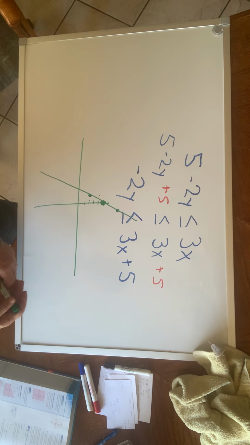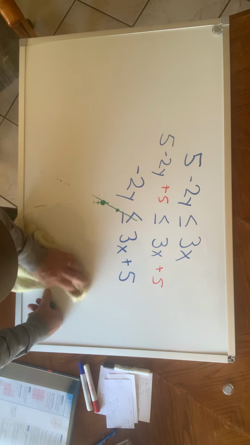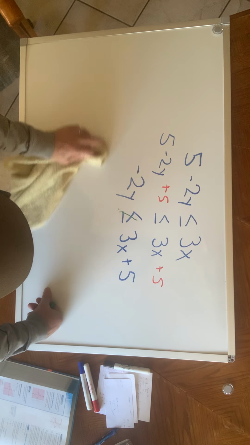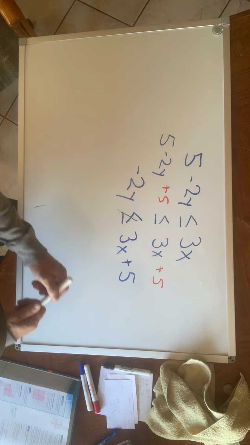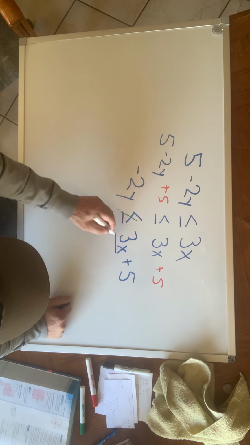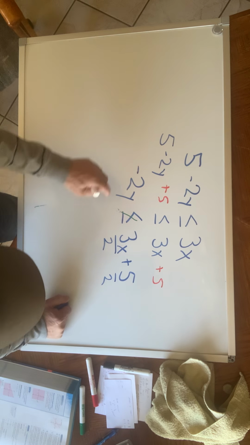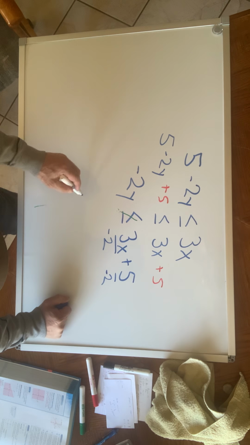I made a mistake here, didn't I? Not the first time, huh? All right, because we have to have y by itself. So we've got to come back in here and we've got to divide everything by 2. Not just 2, but negative 2, so that we end up with y.